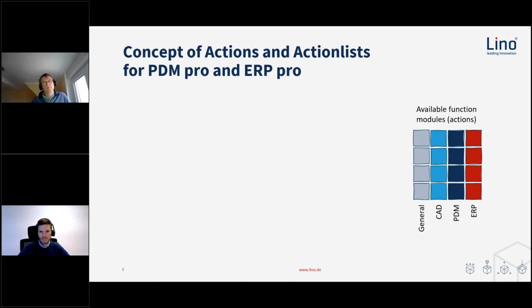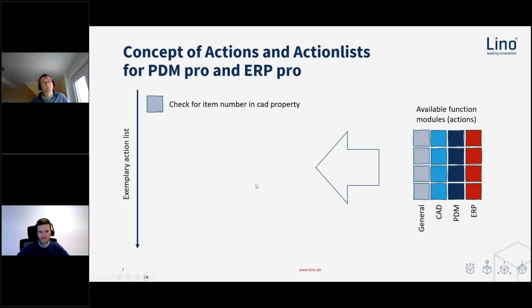An action can be, for example, reading or writing a SOLIDWORKS file property or calling a web service of the ERP system. And an action list consists of several of these actions that are executed one after the other.